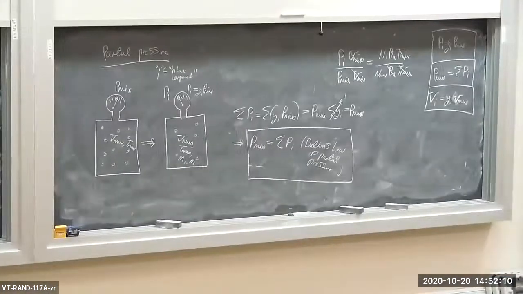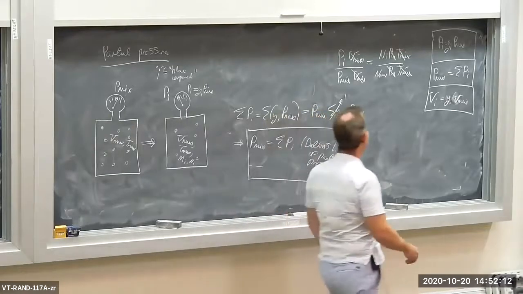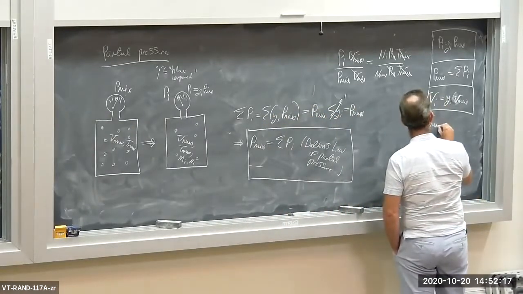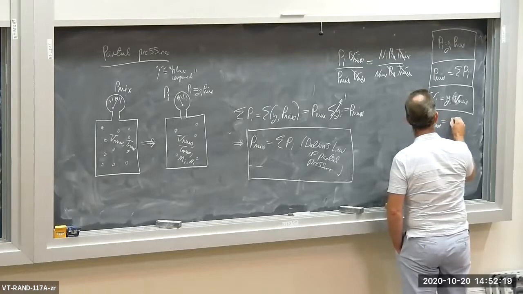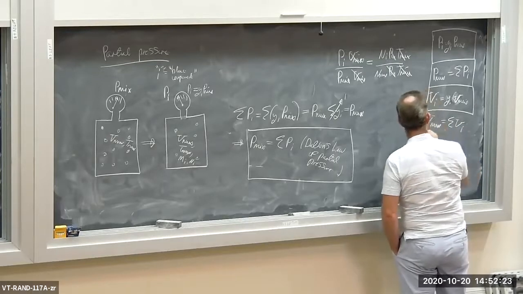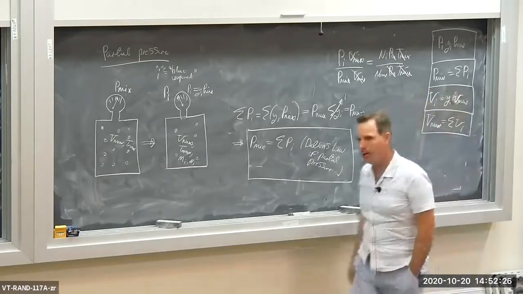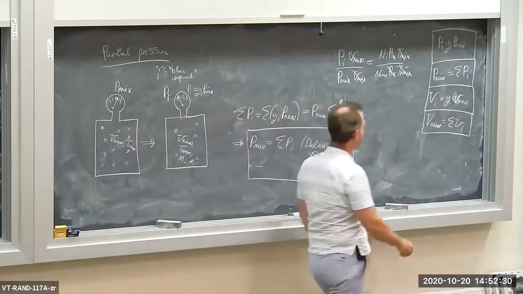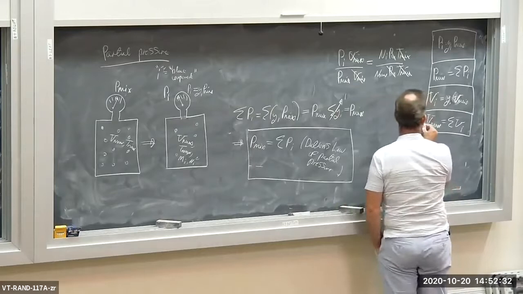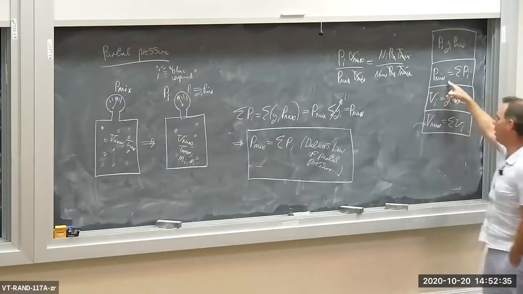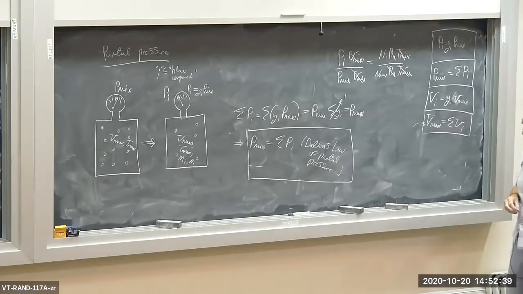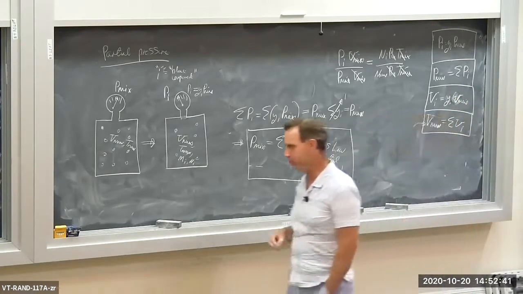So I would get a similar law here. I would get V mix is equal to the sum of the component volumes. By the way, this is Dalton's law of partial pressure, and this here is called Amagat's law of partial volume.